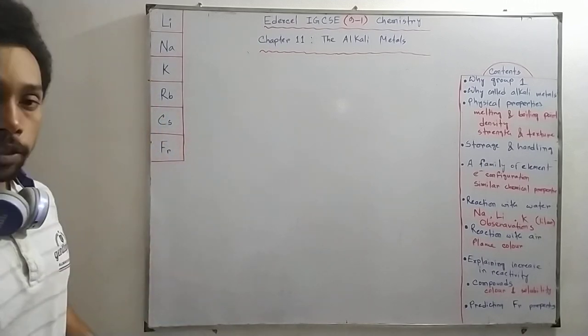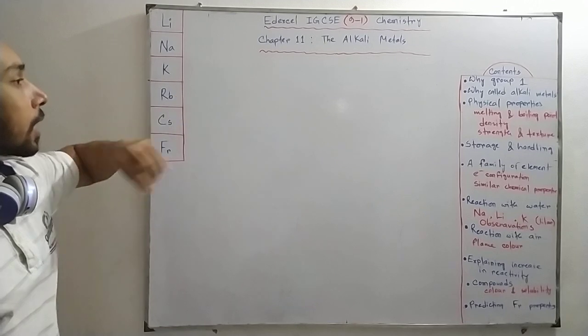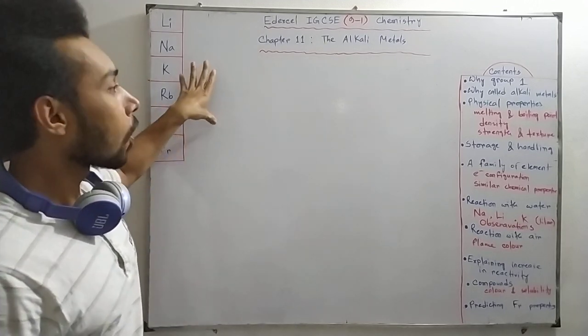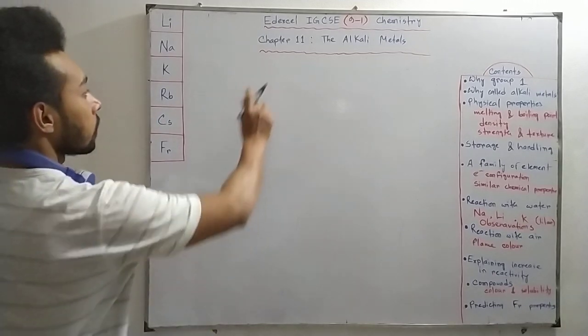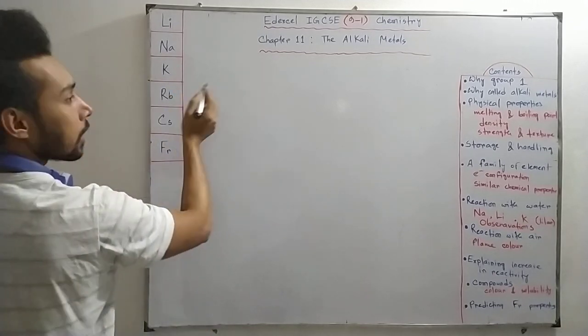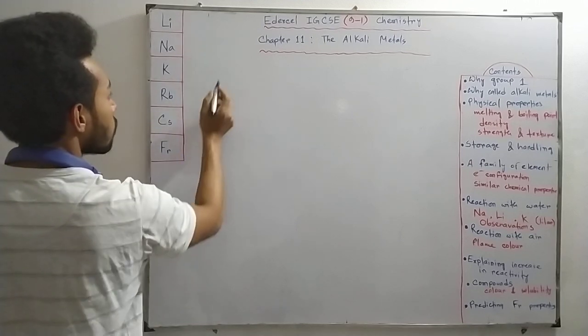Okay, let's start. First, we'll be discussing why they all are placed in group 1. Let's see the electronic configuration of some of the elements in this group.